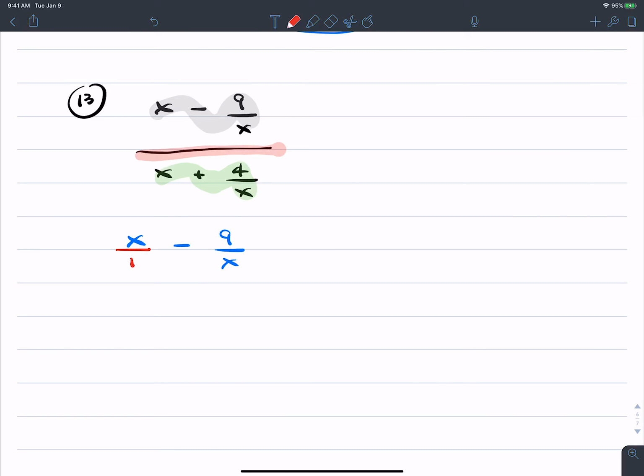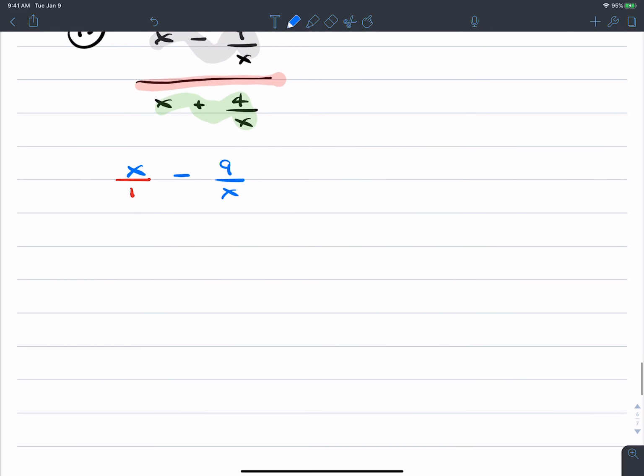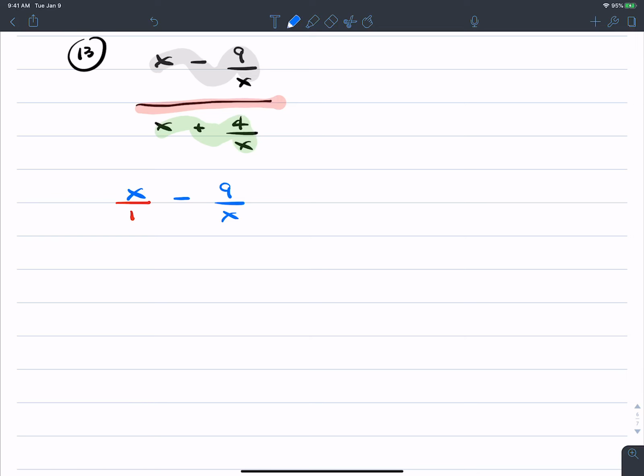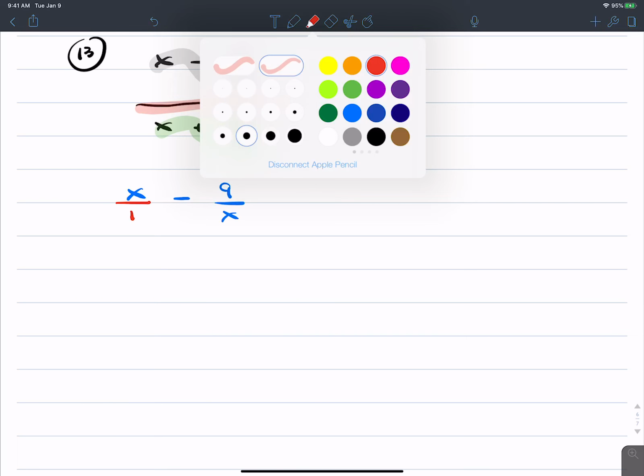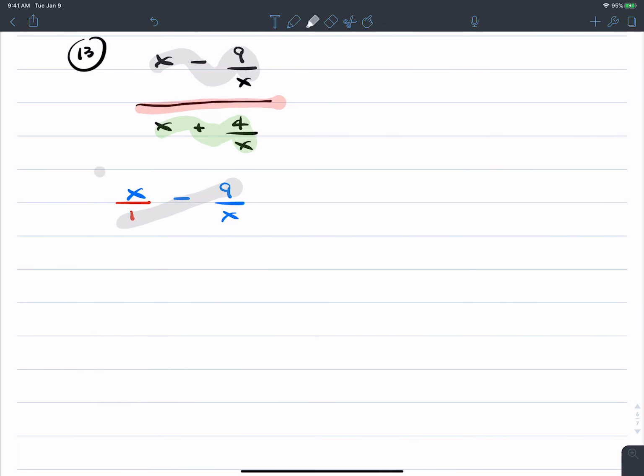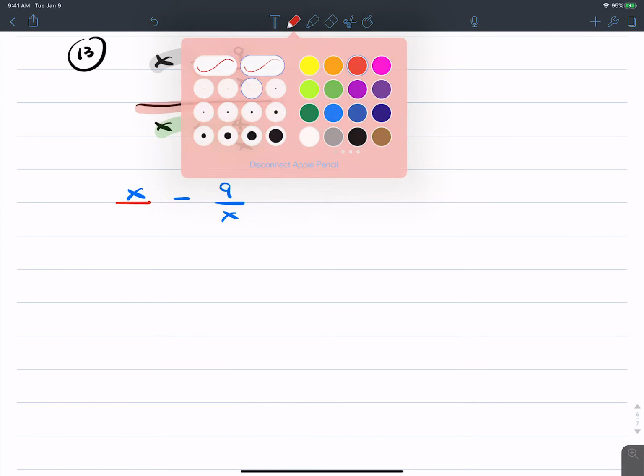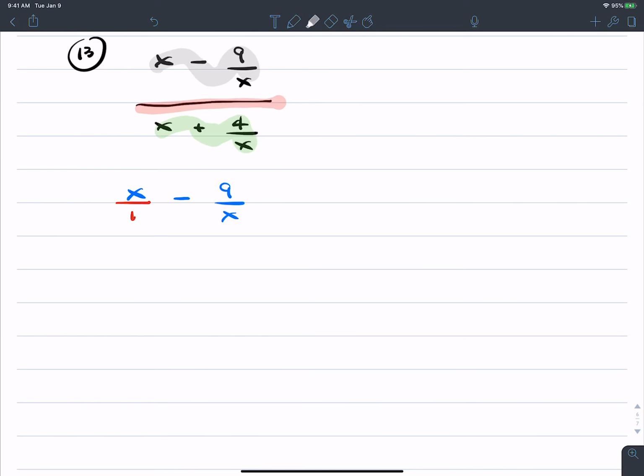And this is a good candidate for the shortcut. Meaning, you're going to cross multiply, diagonal across, and then horizontal across multiply. It's weird. So here's our diagonal across and then our horizontal across. And we do this because 1 and x are prime.